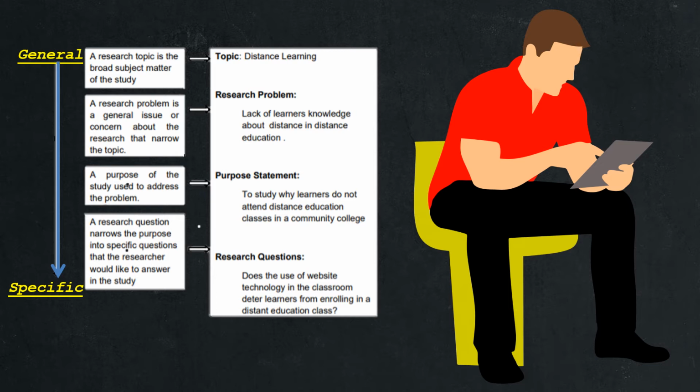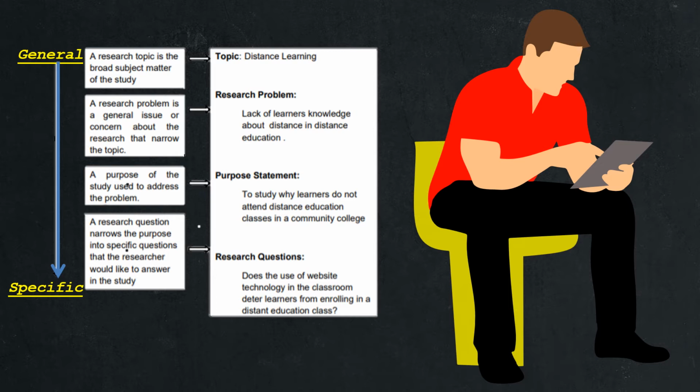A research problem is a general issue or concern about the research that narrows the topic. So for the research problem: lack of learners' knowledge about distance education. Then the purpose statement, used to address the problem: to study why learners do not attend distance education classes in a college.